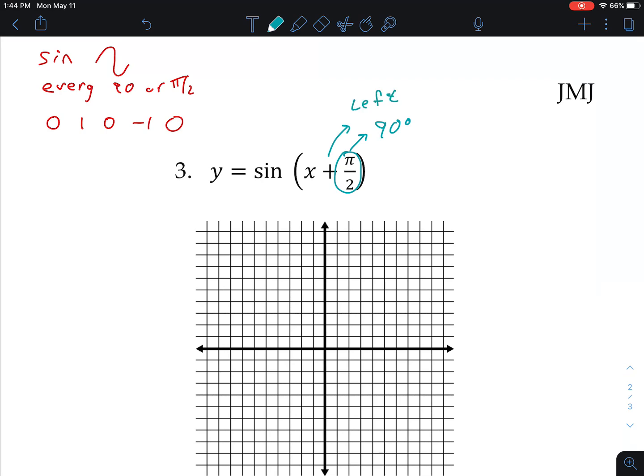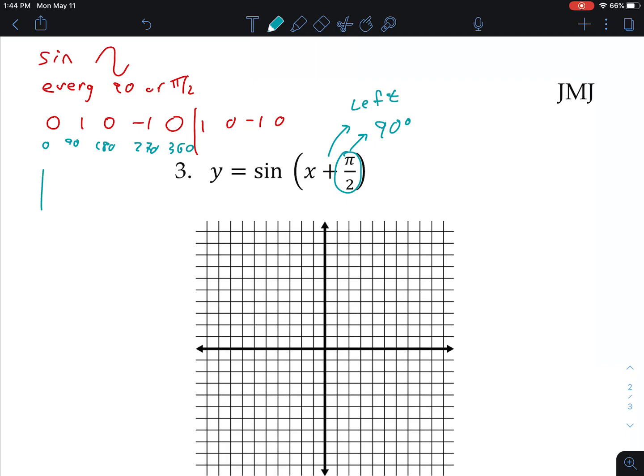Plus, that means to the left. Okay, so that means I'm taking this, which is my normal pattern, 0, 90, 180, 270, and 360. And I'm going to slide this whole thing to the left, so it's like if this, and then this pattern repeats after this, right? So then it goes 1, 0, negative 1, 0. It just would repeat again.